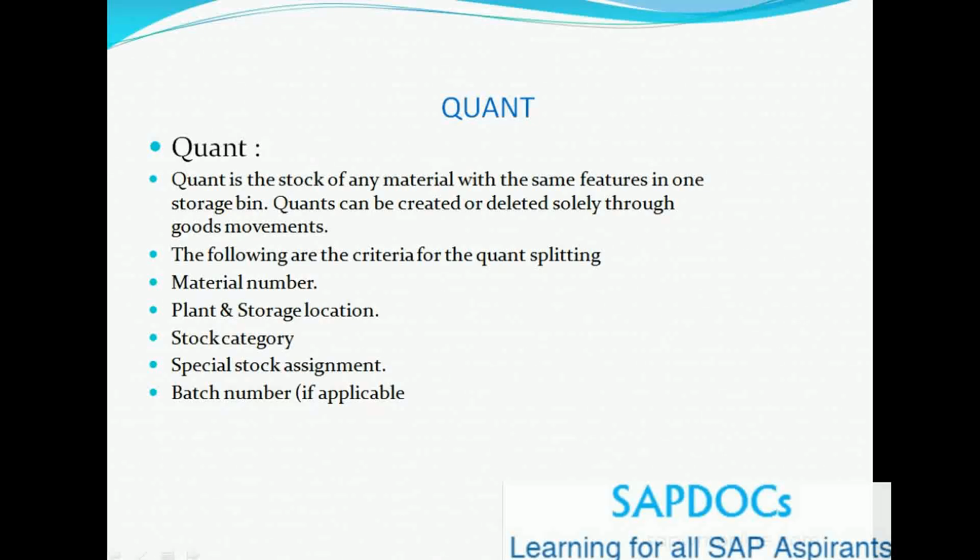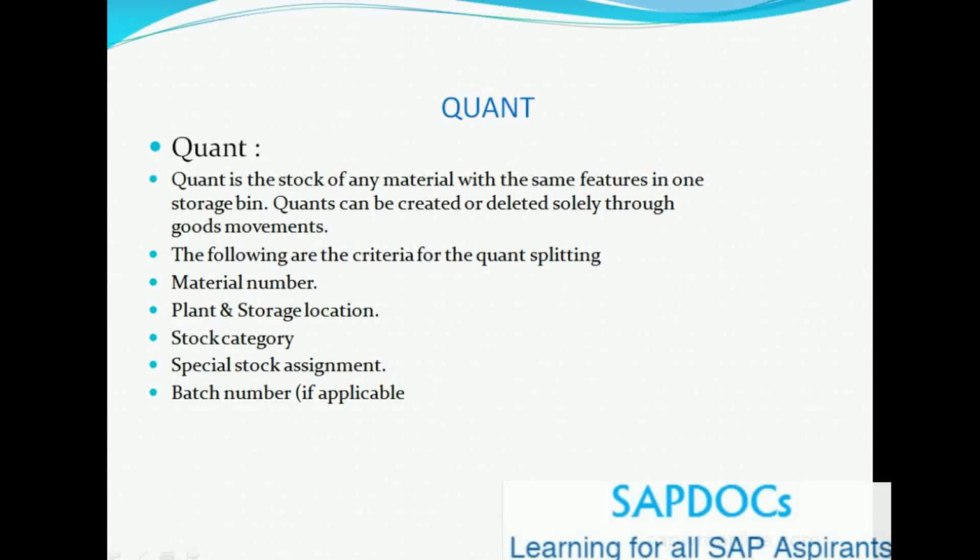Now this quant is a numeric identification for that stock of material, and it would be there till the material is in the warehouse. Once it leaves the warehouse, the quant number is automatically deleted.